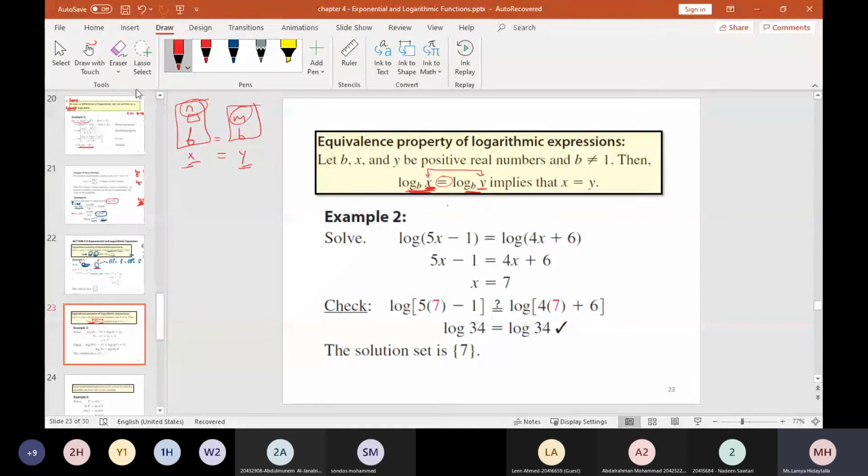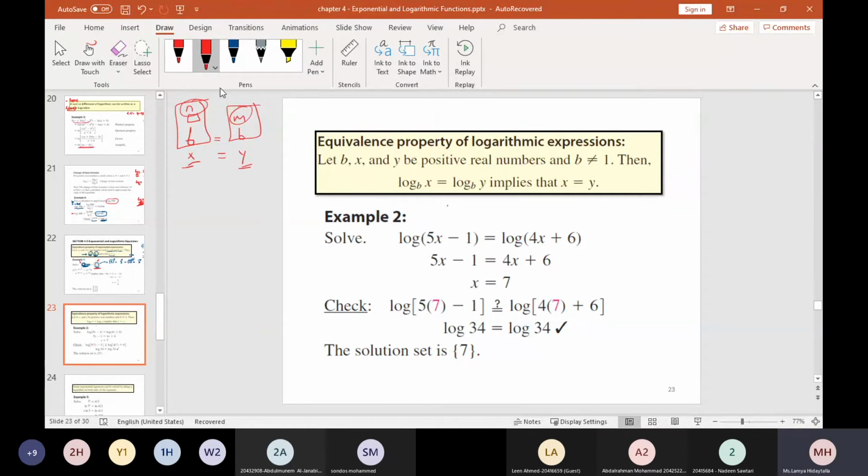So we can learn it by heart: what if we have a logarithm to the same base of a certain argument, then this one should equal that one, so x should equal y.